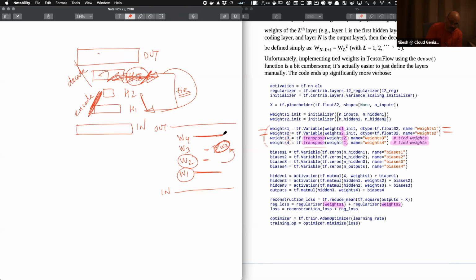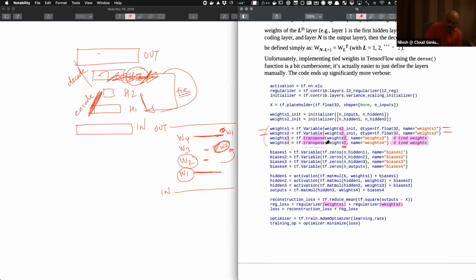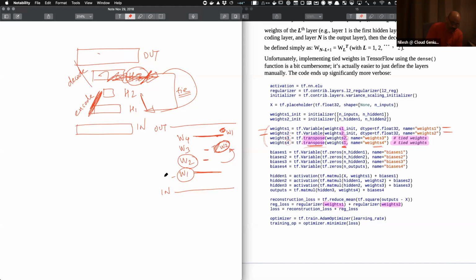Same thing with W4. You want to calculate the weights for that layer, you will transpose W1. You take this W1 and transpose it and call it W4. So W1 is calculated, W2 is calculated, W3 is the transpose of W2, and W4 is the transpose of W1.